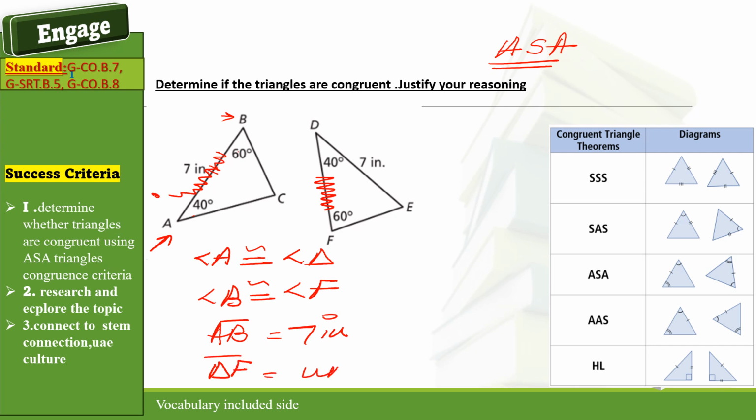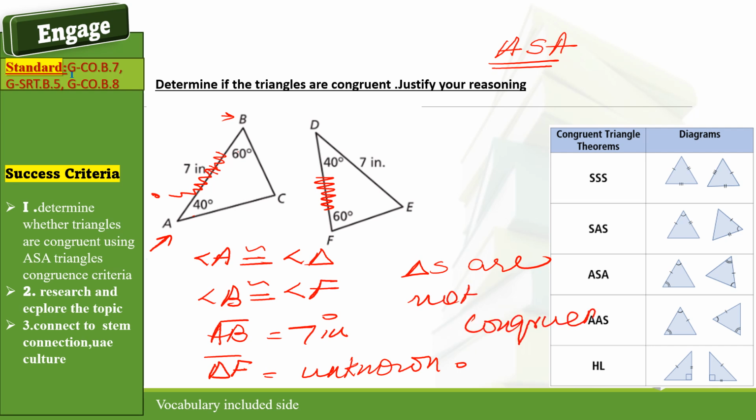If the measurement of DF is unknown, it means we cannot say that the two triangles are congruent. So we will write: two triangles are not congruent. Why are the two triangles not congruent? The reason is that we don't have enough information. So you can say the reason as not enough information.